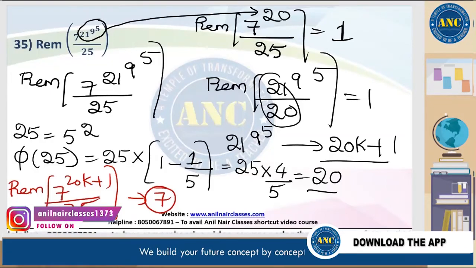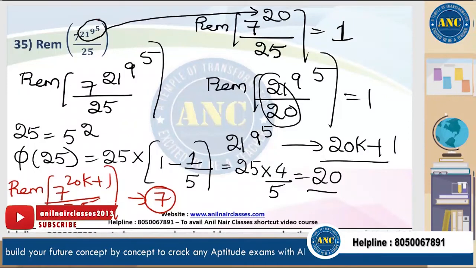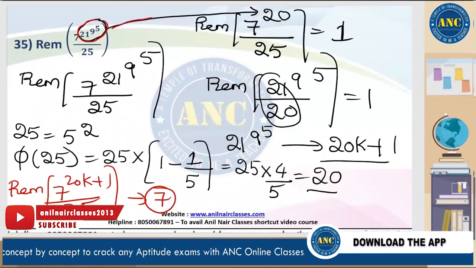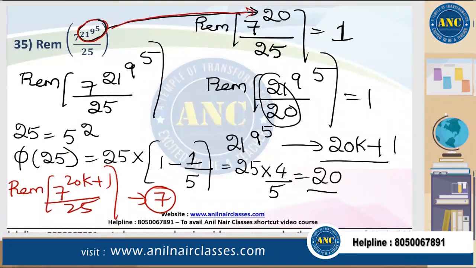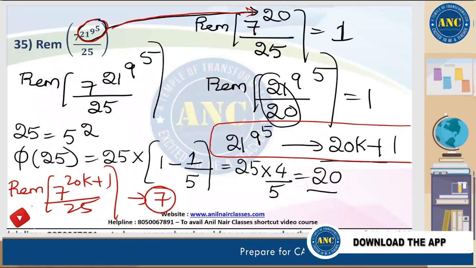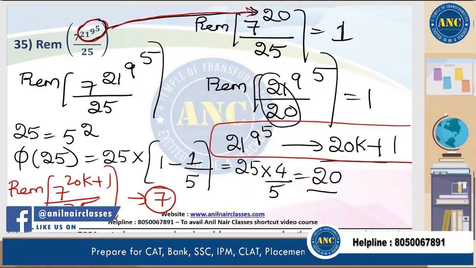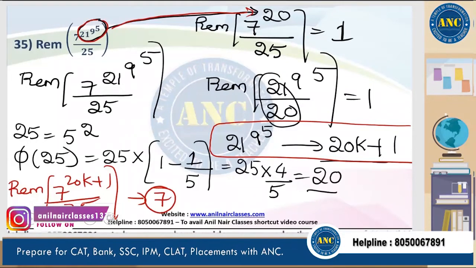So 7 power 20 divided by 25 is 1. Now divide 21 power 9 power 5 by 20. 21 is 20 plus 1, answer is 1. Dividend is divisor into quotient plus remainder. So 7 power 20k plus 1. 7 divided by 25 is 7.